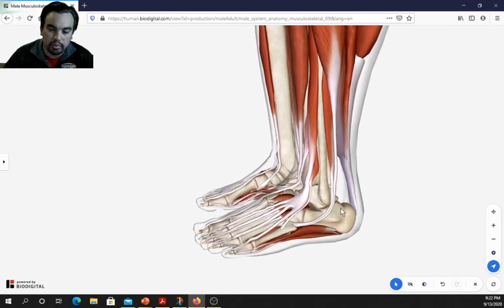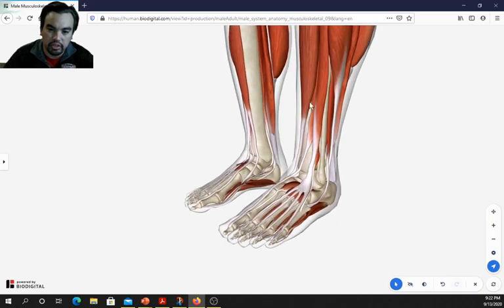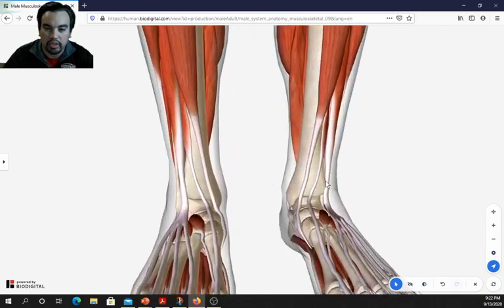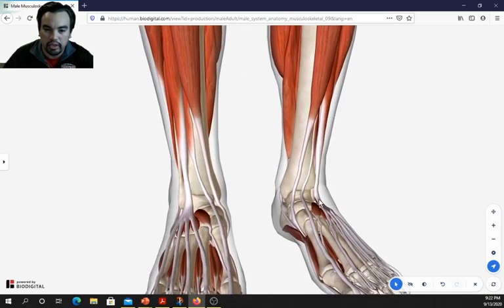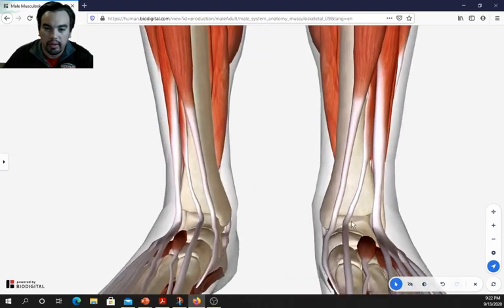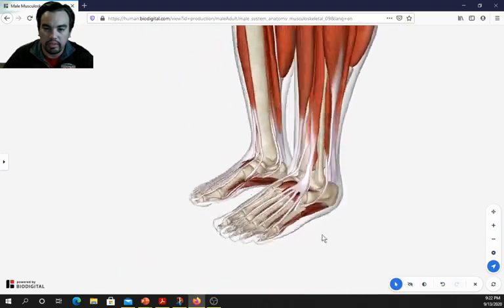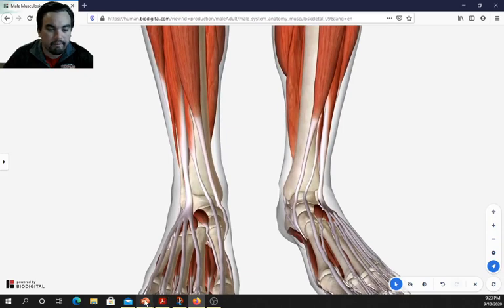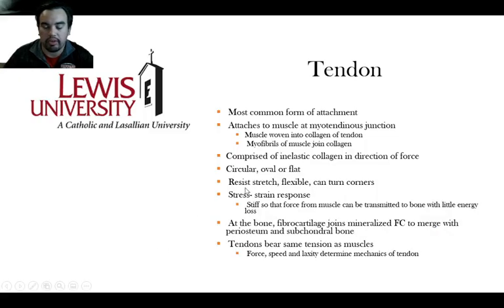Our deep toe extensors here in the anterior compartment, they bend around this bone, around the talus, and they connect on these toes. But you see how they're flexible, they're round. You look at the ankle and you see how they're round here, a little more flat as they move down here. So very different in shape depending on their desired function.